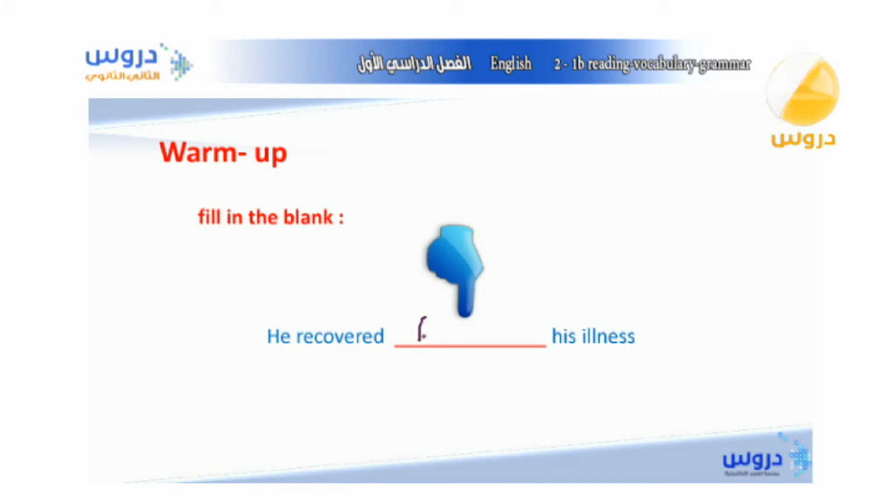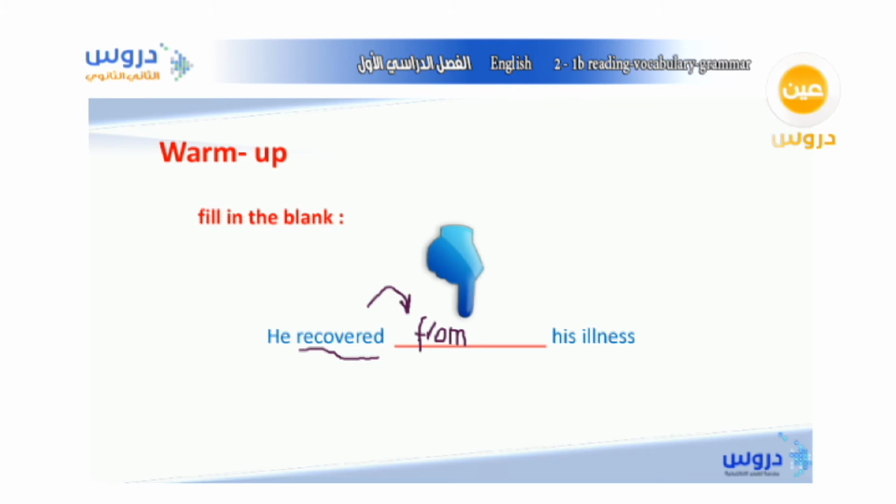Yeah, recovered from his illness. So someone got sick, and after he went to the doctor and got his medication, he recovered from his sickness or illness. Now, recover is a verb, as you can see here.